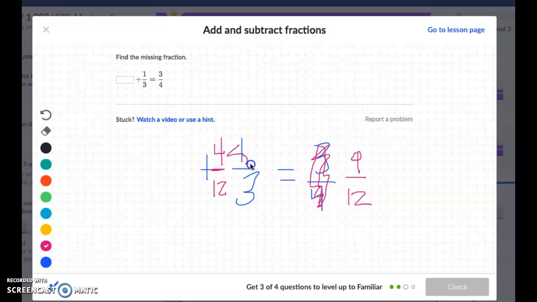Now I can think of this as only fractions out of 12. So something, and we know it's going to be 12ths because that's how we add, plus 4/12 equals 9/12. Well, what plus 4 equals 9? 5. So my answer has to be 5/12.